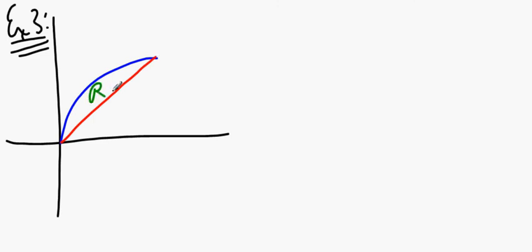Let's let R be the region between y equals radical x and y equals x. That would be from 0 to 1. If I need to show you that, we're in trouble.